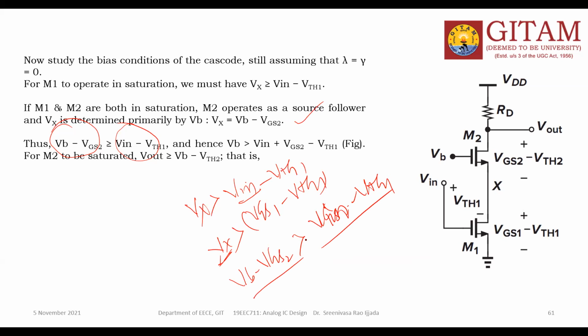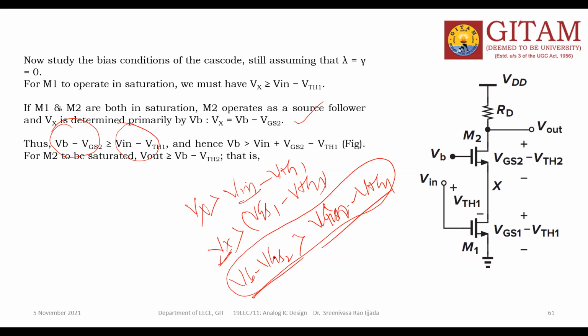Vgs is Vg minus Vs, Vs is 0, Vg is Vin, so I can replace Vgs with Vin. Am I correct? What is the condition to keep M1 in saturation? Vb minus Vgs2 should be greater than Vin minus Vth1. Are you okay?